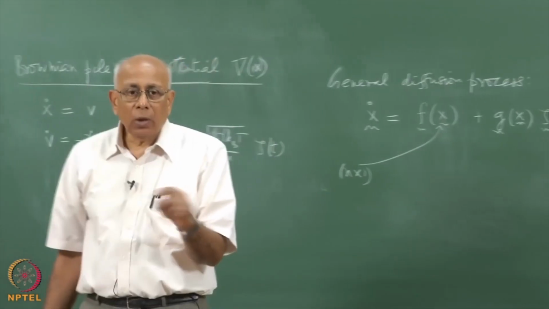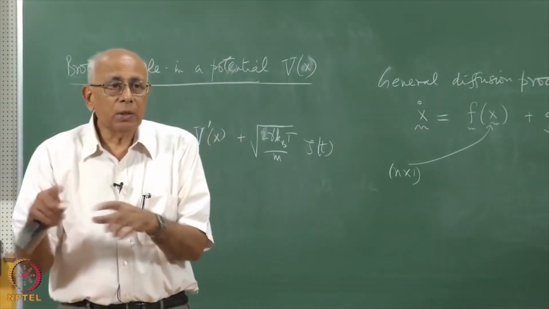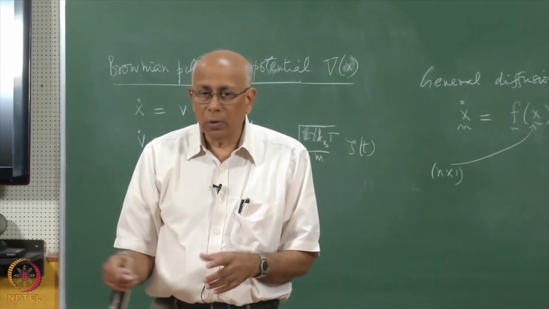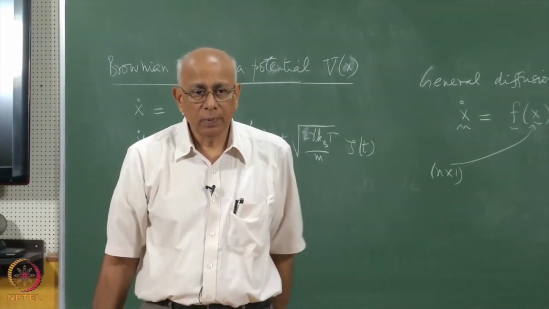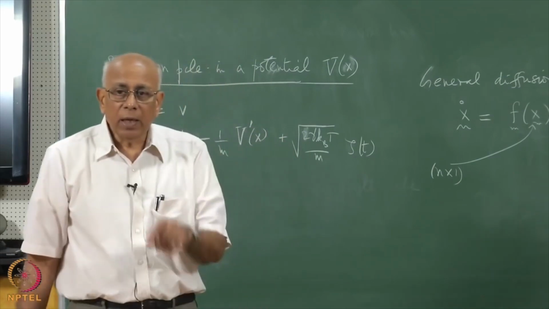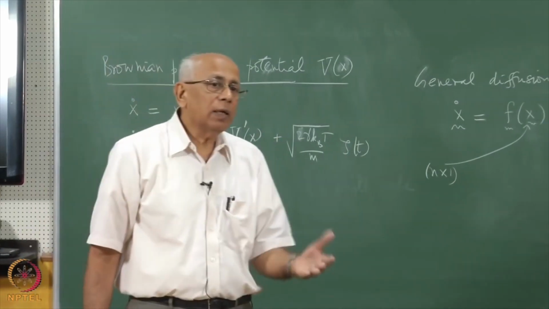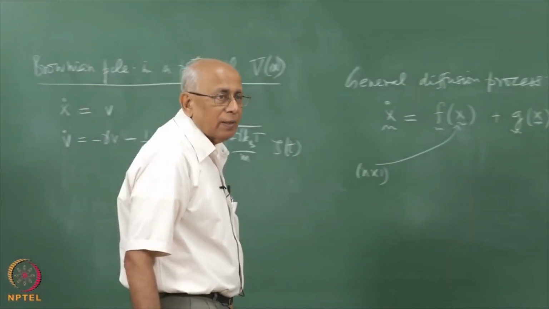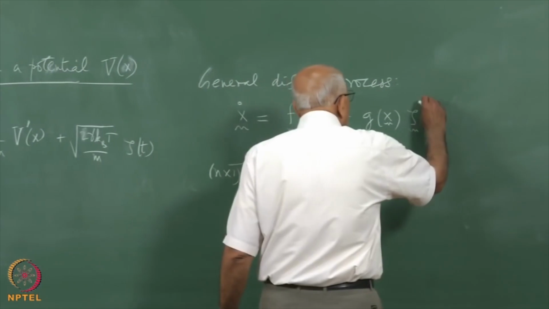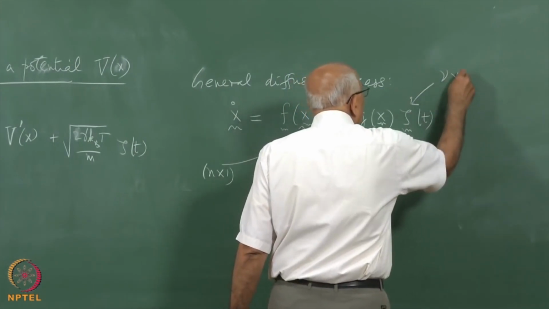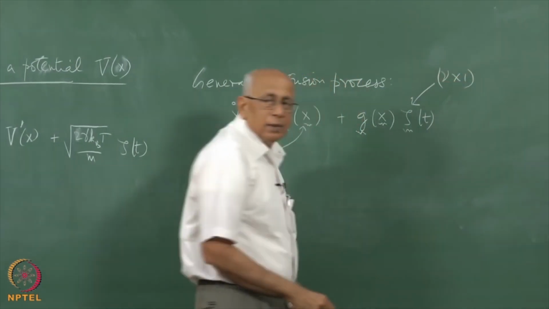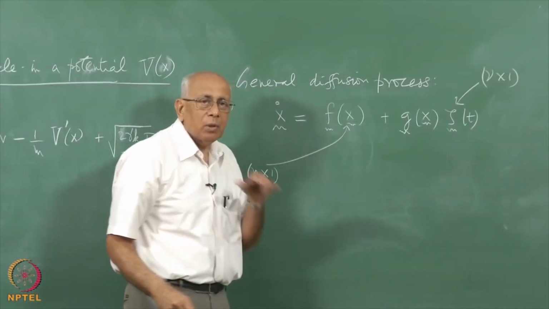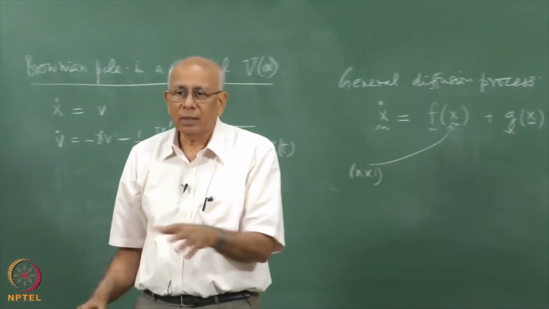The equation x dot equal to v did not have any noise on the right hand side, but v dot equal to something or the other had a noise because we wrote an equation for a random force on the particle. So the dimensionality of this noise may be lower than the dimensionality of your phase space variables. So we have to allow for that. So suppose this fellow is a nu by 1 column matrix. So you have n equations for the components of this, but only nu of them have noise on the right hand side.